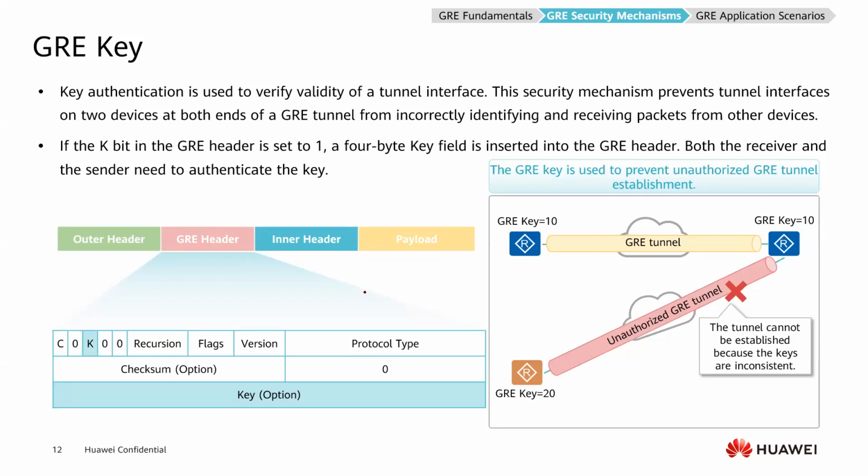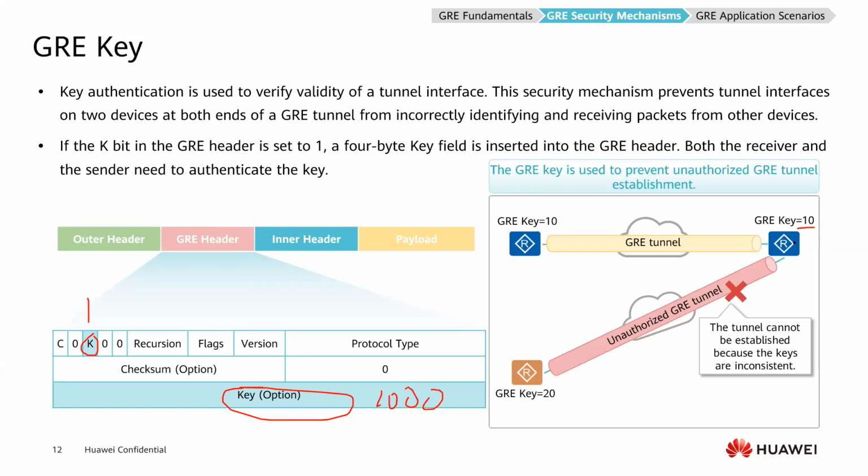So this is one security feature for GRE. Another is the key. Key is very simple. The flag is set to 1, and the key can be any number you want, for example 100 or 1000.